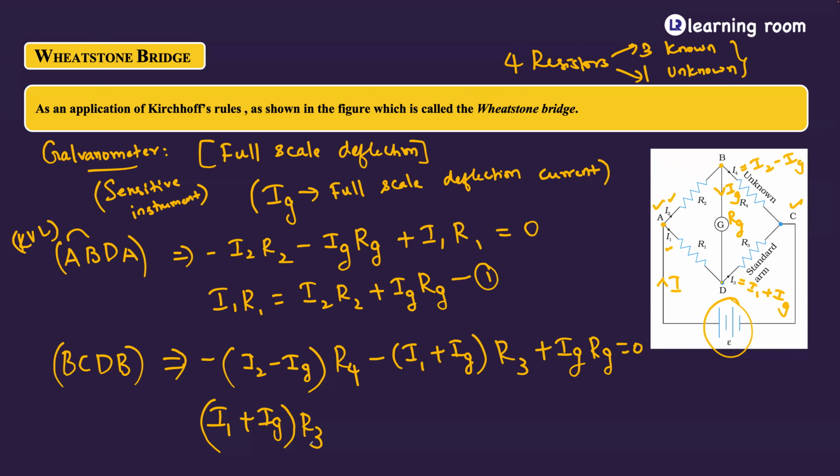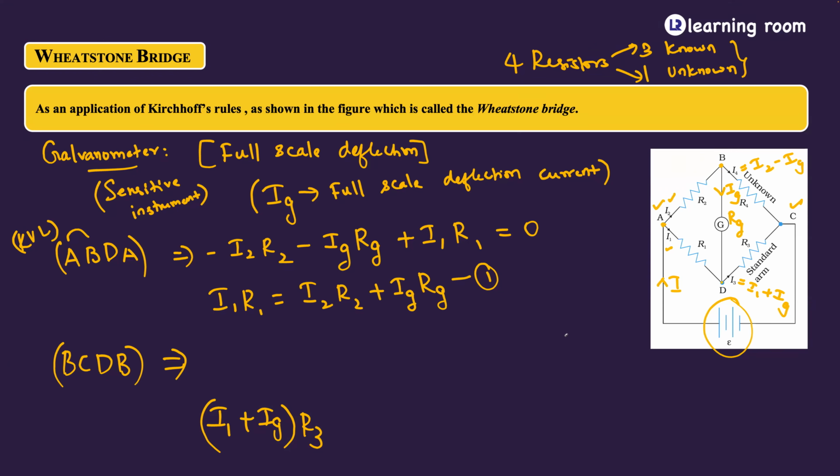One correction, guys. Don't write that. So when I take the loop BCDB, when I go from B to C, it is going to be negative of I2 minus Ig into R4.